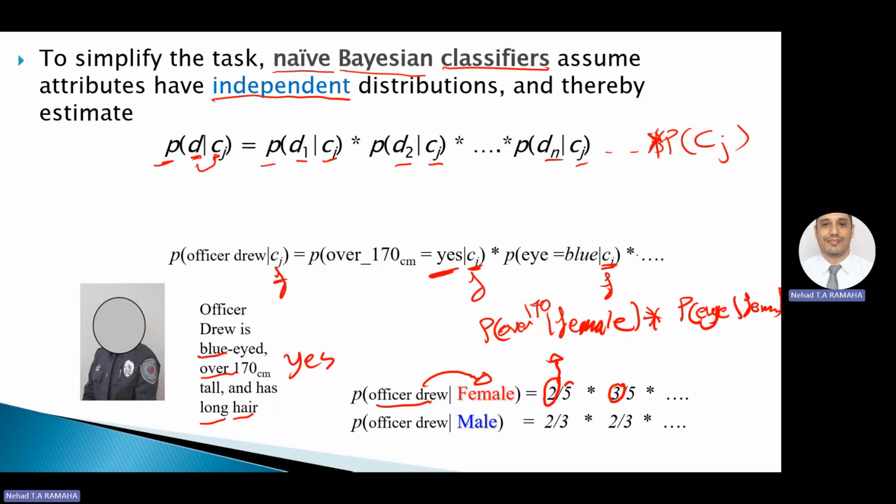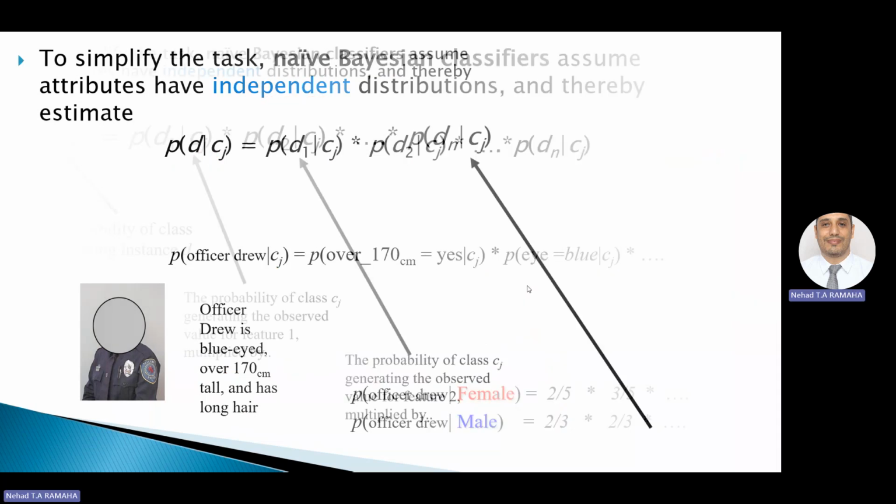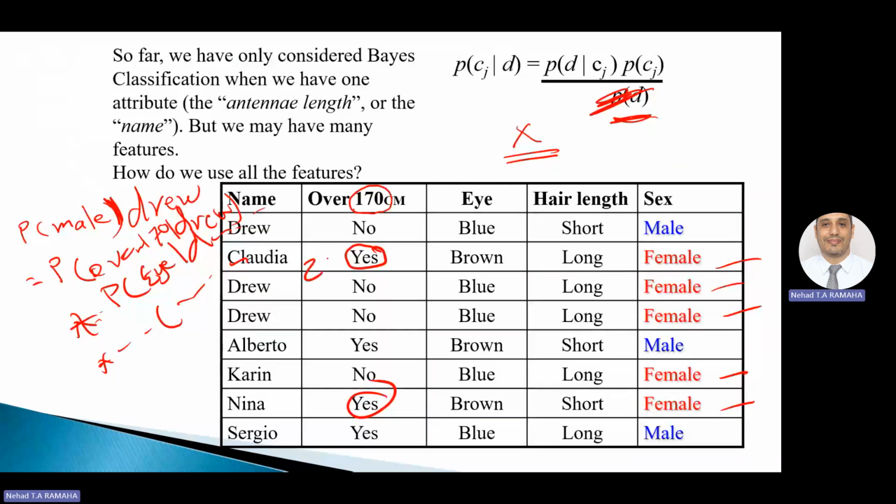What's the category here? Female. So over 170, yes. How many yes over 170 with female? Look here. Only 1, 2, 3, 4, 5. Over 170, yes. Over 170, yes. So 2 yes, divided by how many females? 5. Okay.